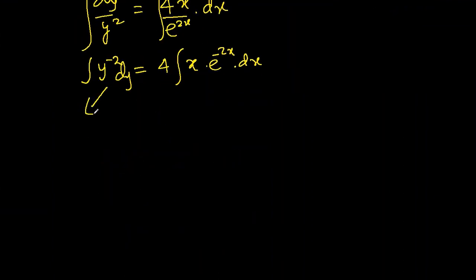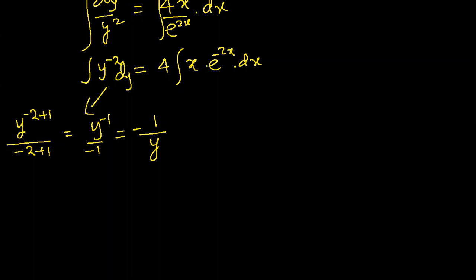So this one can be easily integrated, which is y to the power minus 2 plus 1 over minus 2 plus 1, and that comes out to be y to the power minus 1 over minus 1, and we can write this as, to make this positive, it will become a denominator 1 over y, and this minus will make this whole thing minus 1 over y. So this is our left hand side.